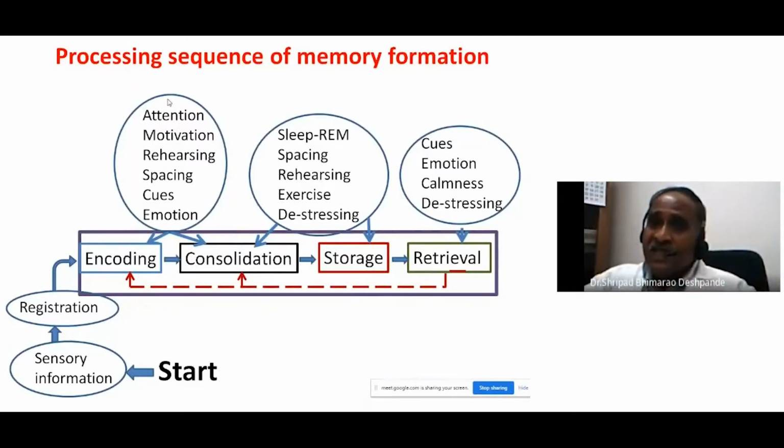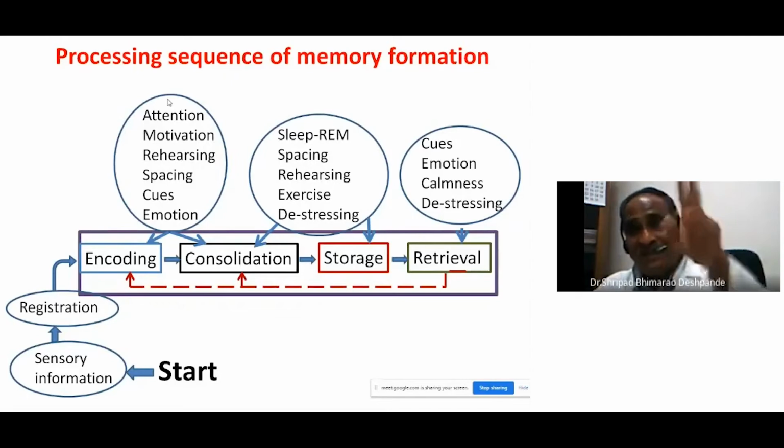If you are rehearsing loudly, there are two components. One, you say it loudly, so the vocal cords are activated more. Two, the sound produced echoes back into yourself. So if you want to rehearse, do it loudly, so that it is encoded twice: once by thinking and once by auditory input.